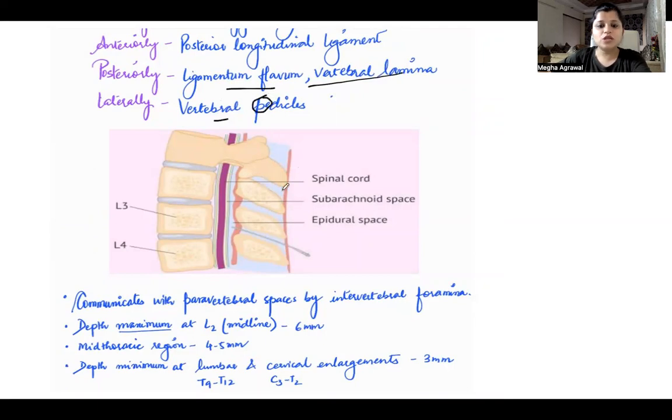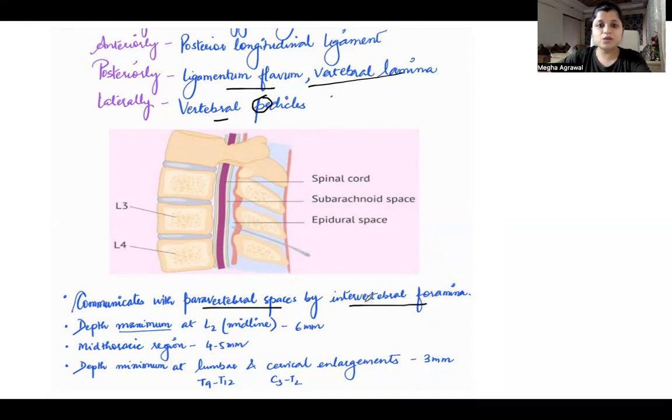Okay, this we have seen. And see, this is the needle which is entering: skin, subcutaneous tissue, the ligaments, and then we enter the epidural space first. This is the epidural needle, so epidural space. Now, the epidural space communicates with the paravertebral spaces by the intervertebral foramen.